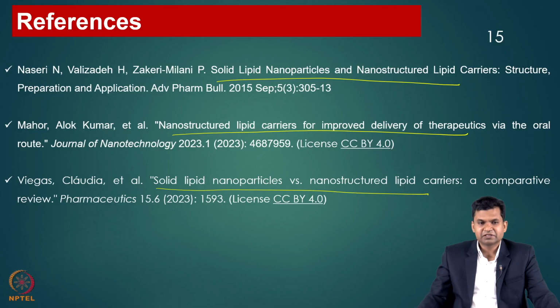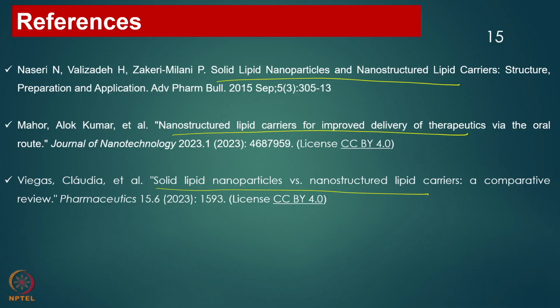So with this, we will conclude. Today we have learned what NLCs are, and then we have seen the types of NLCs. We have seen three different types of NLCs: one is the imperfect crystal, type 1 NLCs, amorphous, type 2 NLCs, and also we have seen multiple, type 3 NLCs.